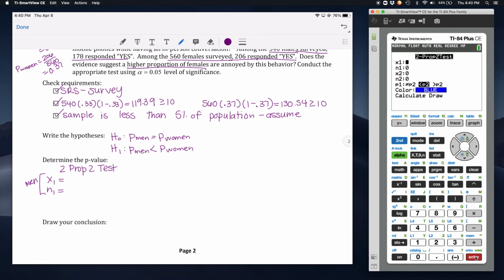So we're going to have the 178 and the 540. And then your X2, N2 have to be the women, whoever you have second. So just be careful here that you're putting things in the right spot. So we got 206 and we got 560.